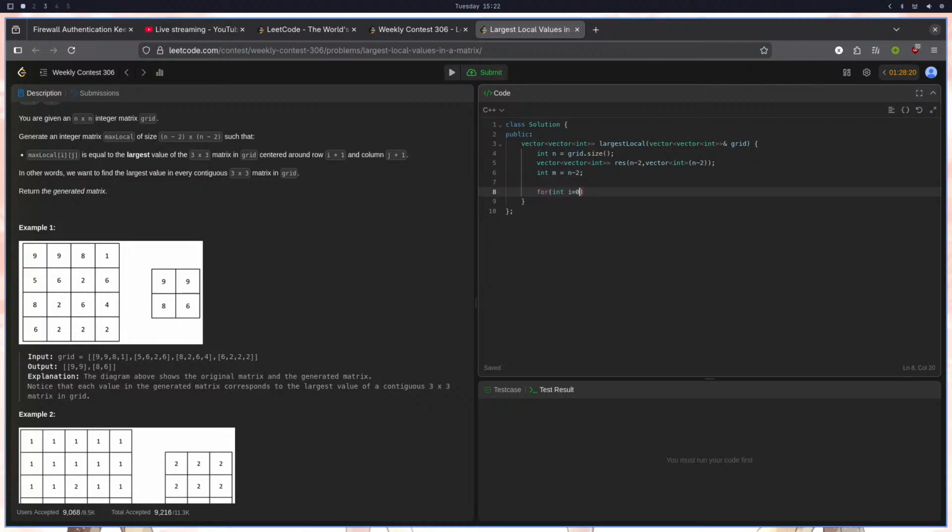For INT i equal to 0, i less than, i plus plus, for INT j equal to 0, j less than, j plus plus, res of i j equal to 2 i comma j.